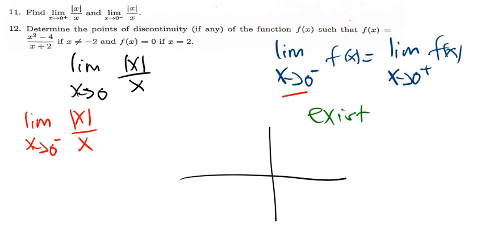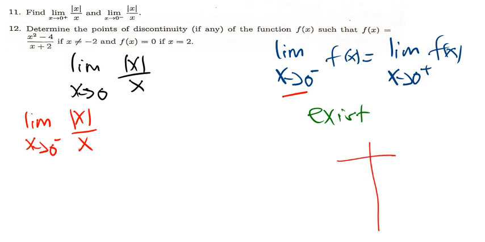So as x is approaching 0 from the left side, we are coming from the left side, approaching 0. The easiest way to find this is to have my coordinates here, x, y.